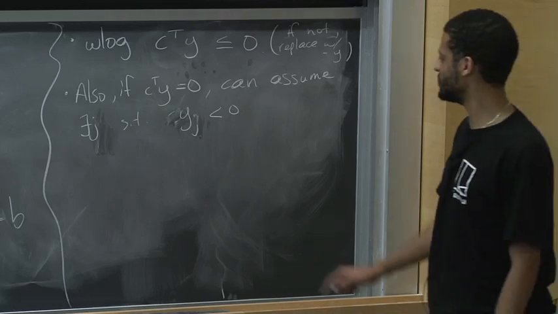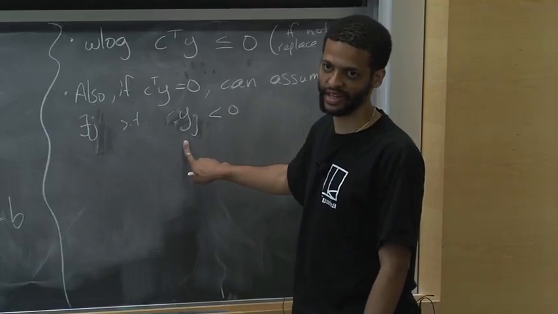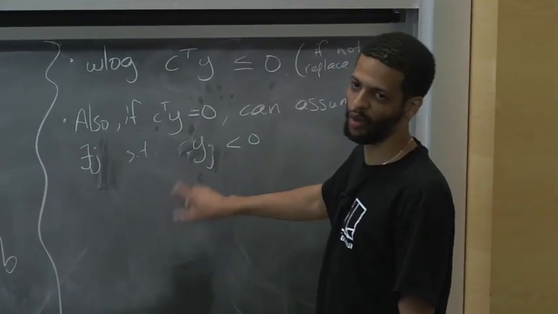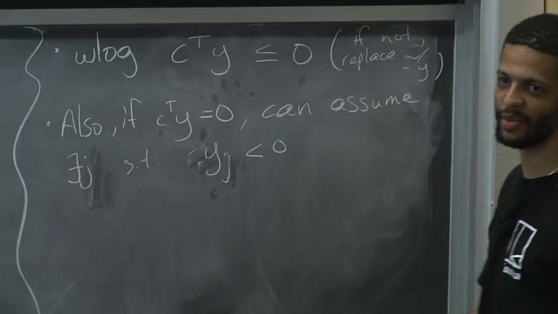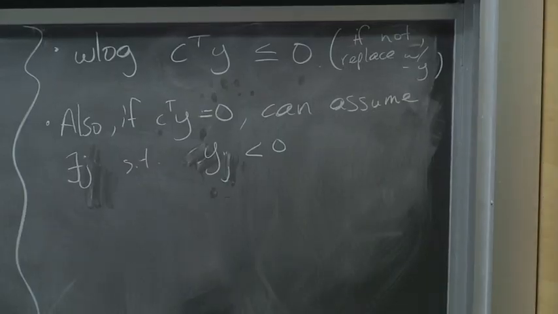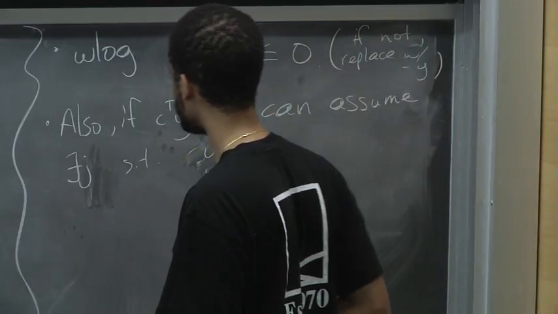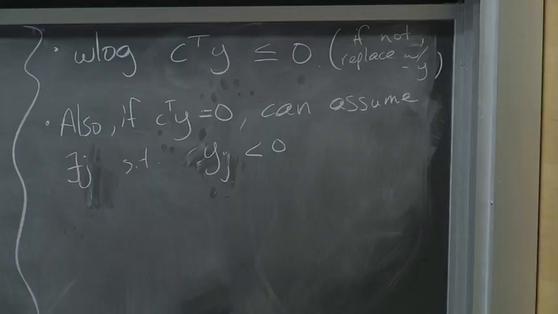Y is a non-zero vector, so if C transpose Y is 0, then one of Y and minus Y will have a negative entry somewhere, and it will still satisfy C transpose Y equals 0.